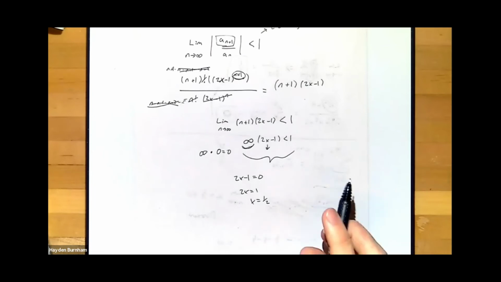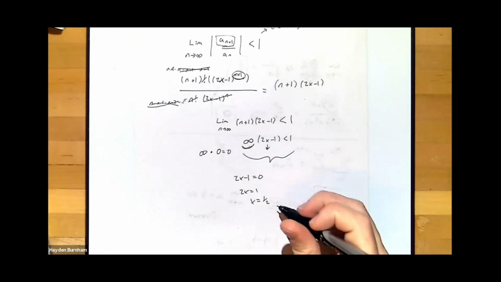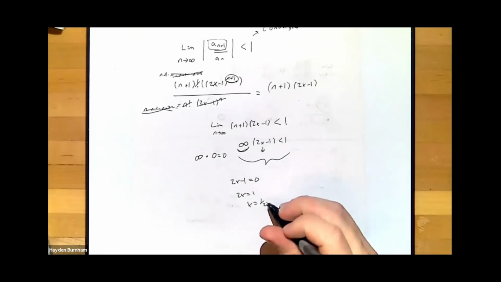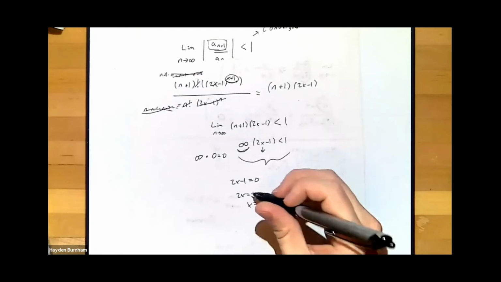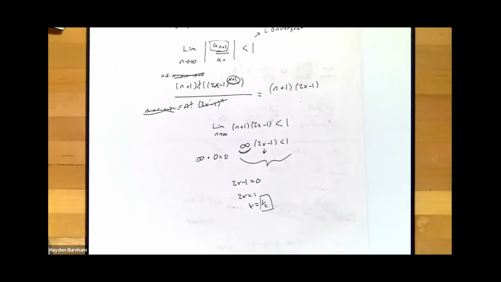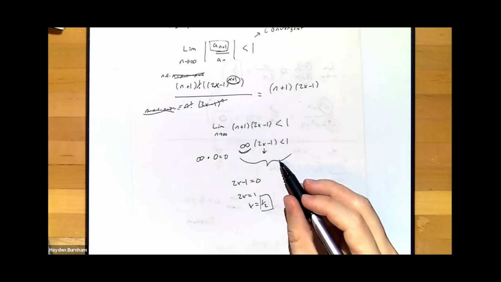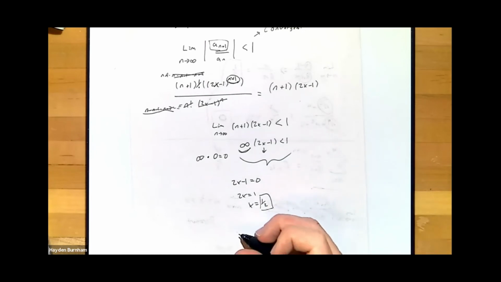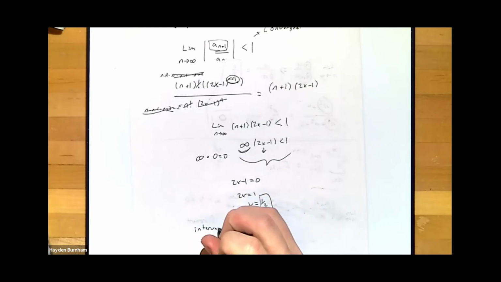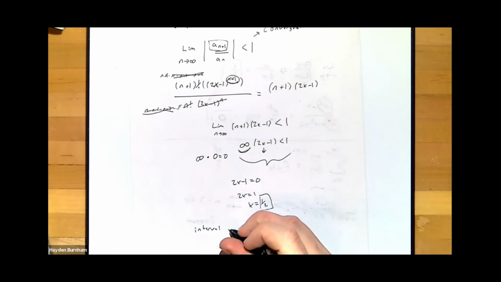So the value that will work is 1/2, and that's the only value that works. For any other value of x, this condition will be divergent. So our interval of convergence is only going to be 1/2.